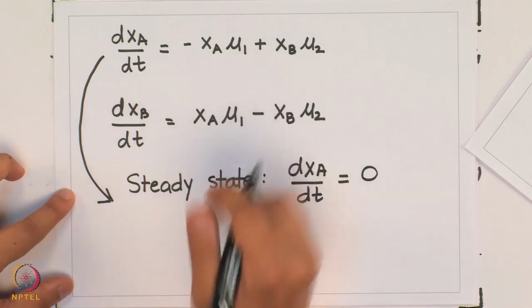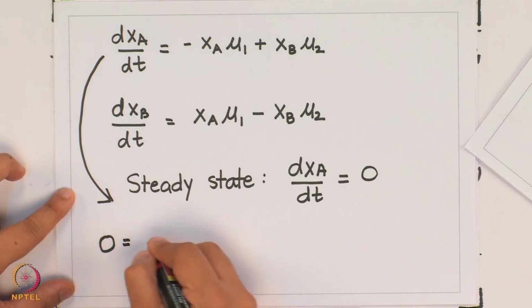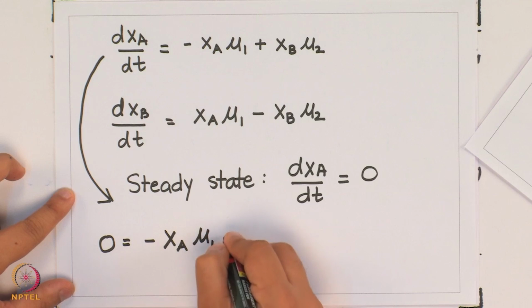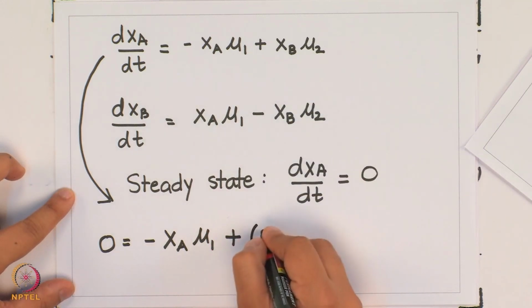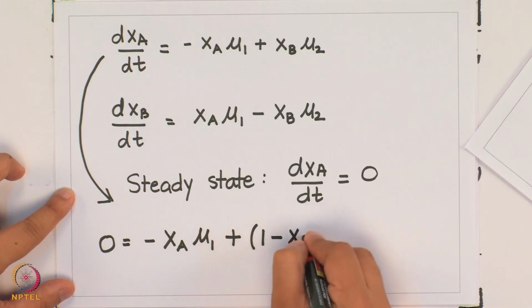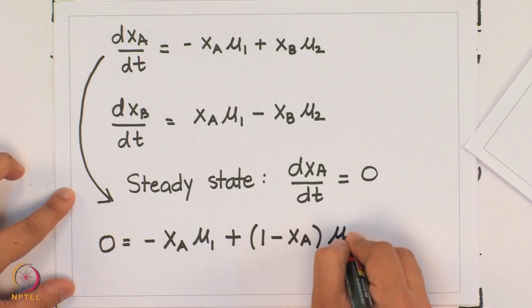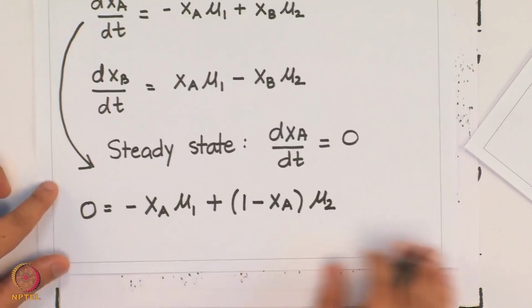To do that, I work with the right hand side of the equation and say 0 equals minus xa mu 1 plus, when it comes to xb, I should write 1 minus xa, because xa plus xb is equal to 1, times mu 2. That gives me the relationship at steady state when dxa by dt is equal to 0.